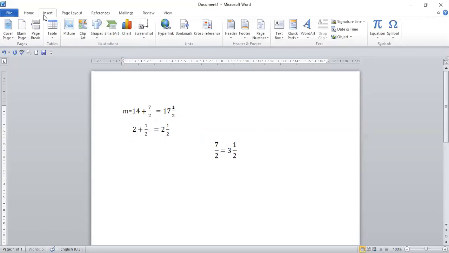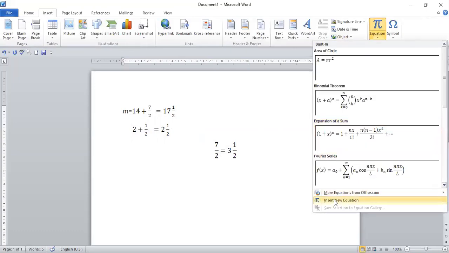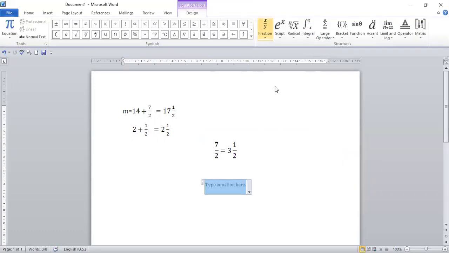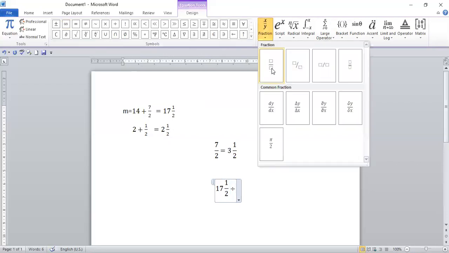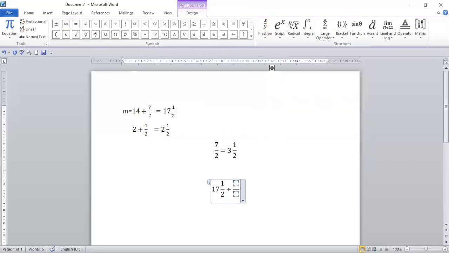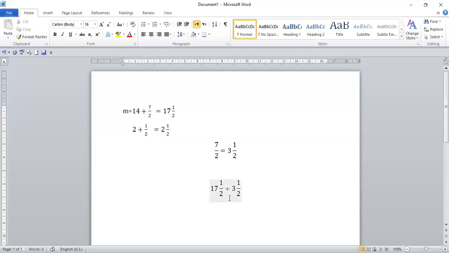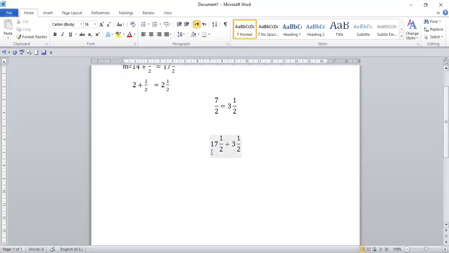I know it's a bit lengthy question, but let's divide 17.5 by 3.5. As you know, you cannot divide when you have mixed numbers like this.